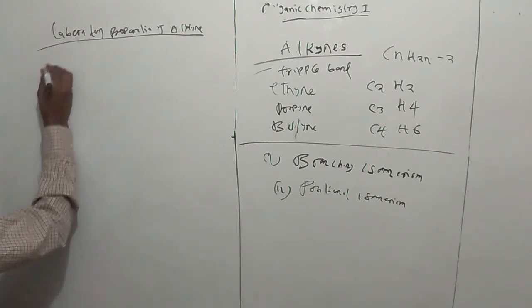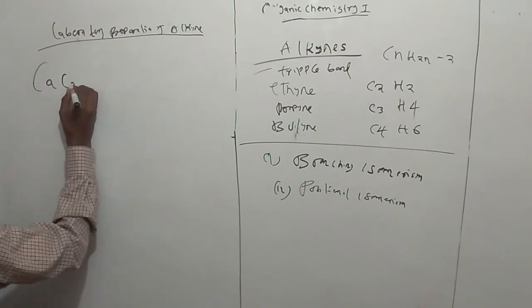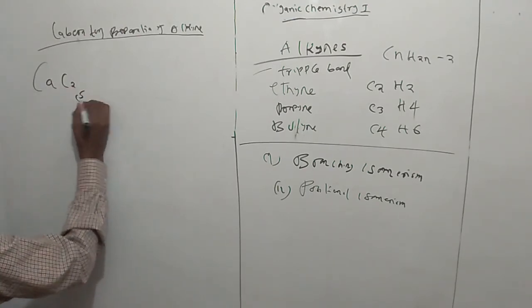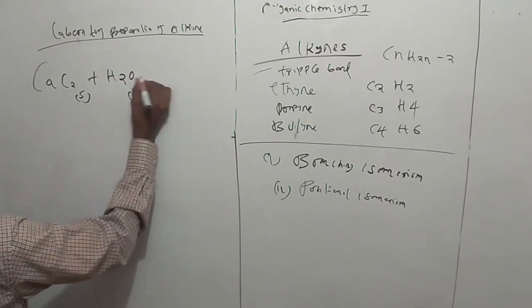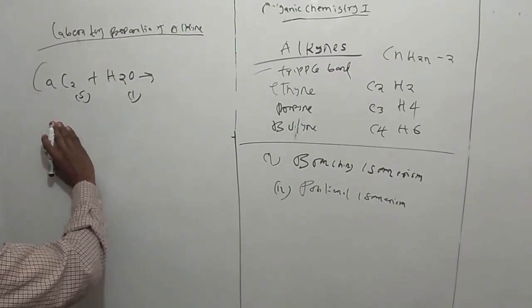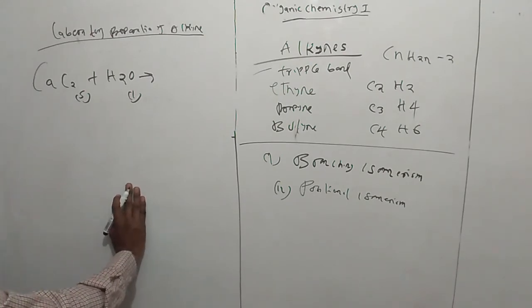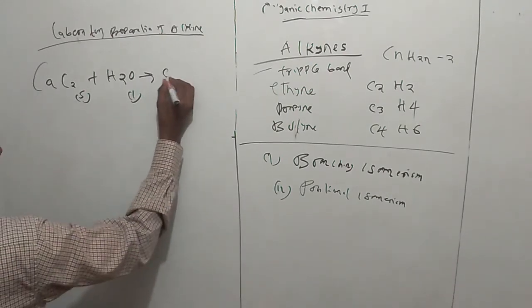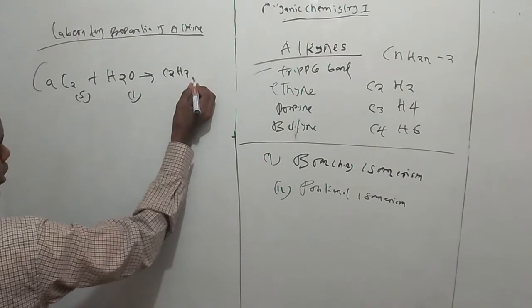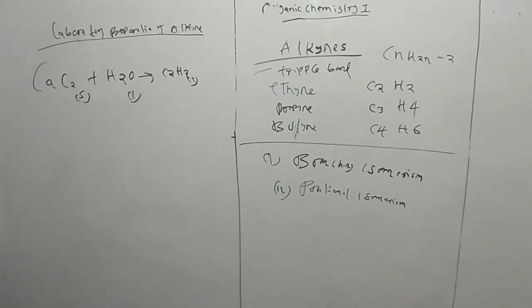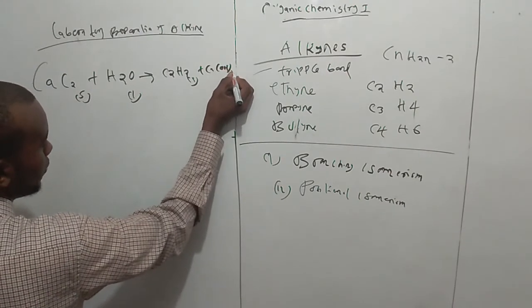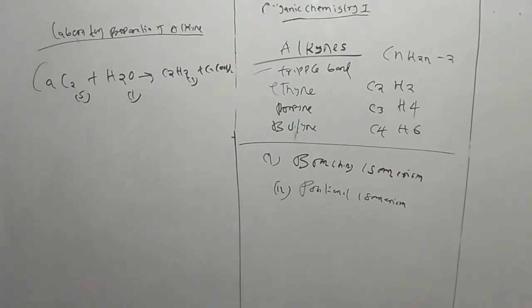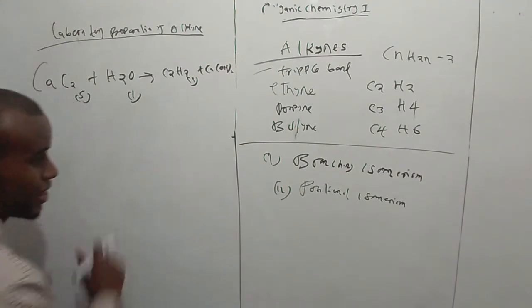Calcium carbide is CaC2. Then we react it with water, which is liquid. If we are going to prepare the ethyne gas, we have here the ethyne C2H2 gas, produced together with calcium hydroxide.